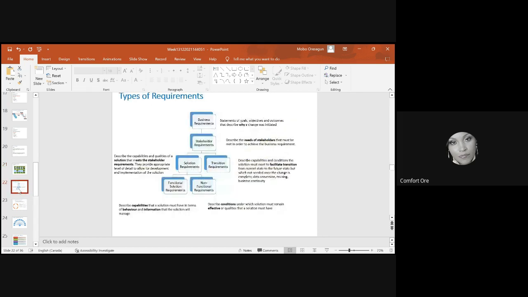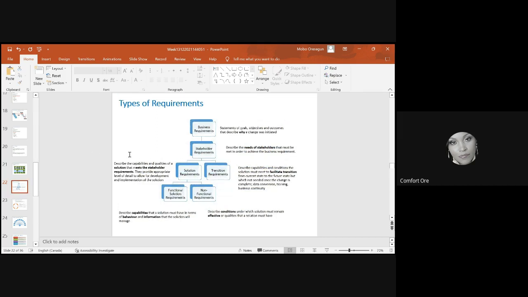No? Yes? Okay. Remember we're talking about the types of requirements. We said we usually would have four: the business requirements, stakeholder requirements, the solution requirements, and the transition requirements.